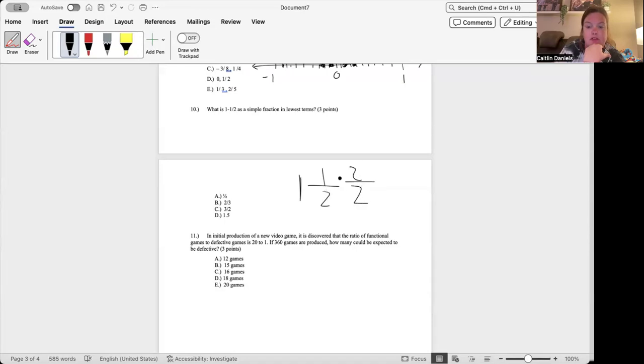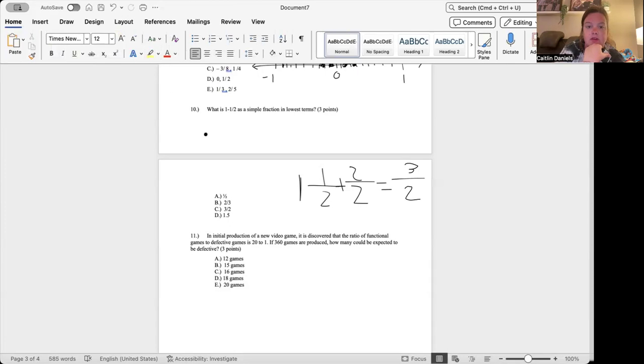And then we have 1. So we're going to add those together, which is going to be 1 plus 2 is 3. And whenever they have the same denominators, you don't have to add those together because they are the same. So it goes to 3/2, which is C. And we're adding fractions together, so that was like chapter 5 or something, I think.